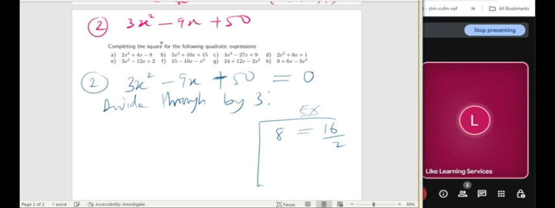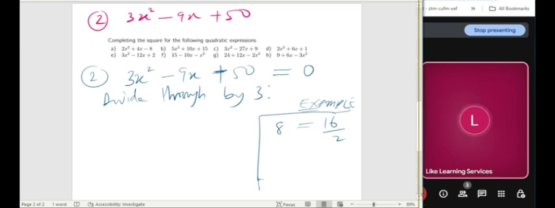Are you listening to me? Is 8 equal to 16 over 2? You're not sure? You think I'm setting you up for something? It's just a very clear thing. 8 equal to 16 over 2 now, isn't it? Are you still here?